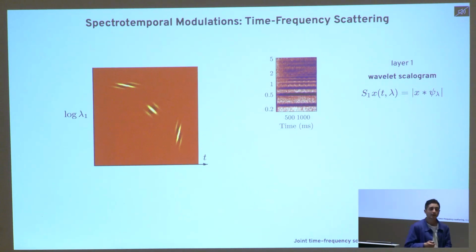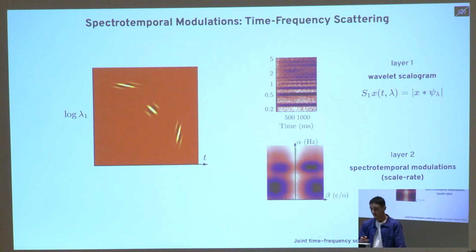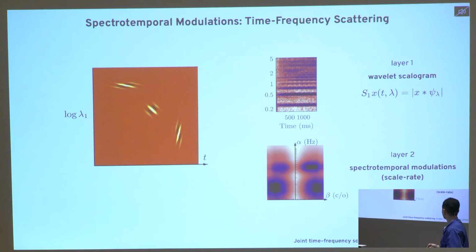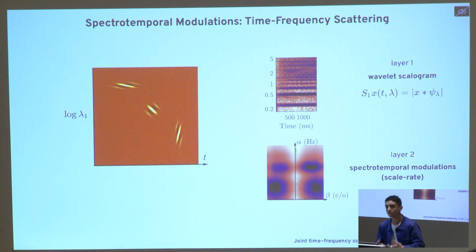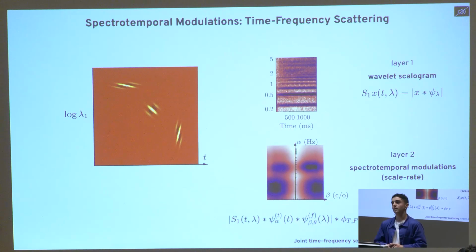But then time-frequency scattering uses two-dimensional filters in the time-frequency domain, which vary in their scale across both time and frequency, and have directionality along the frequency axis. By applying these two-dimensional filters to the wavelet scalogram, we can extract spectrotemporal modulations from signals, which we can interpret in terms of frequential modulation scales and temporal modulation rates, yielding the second-order time-frequency scattering transformation.